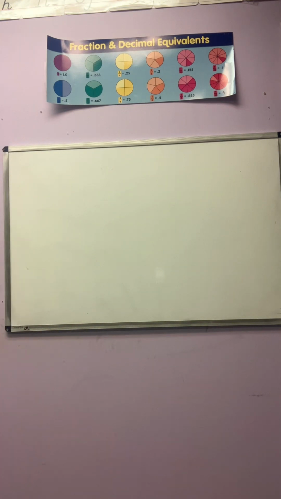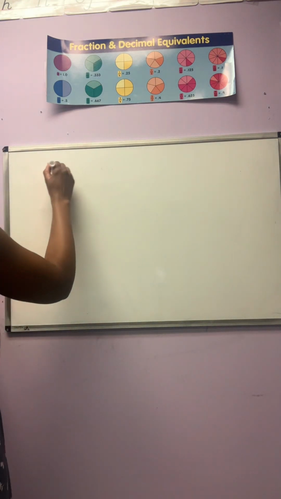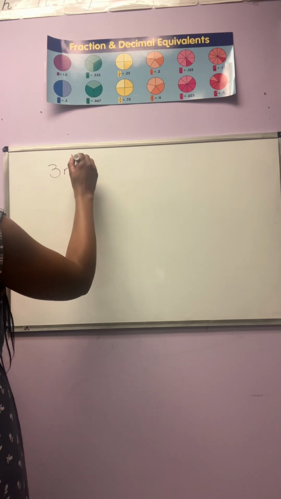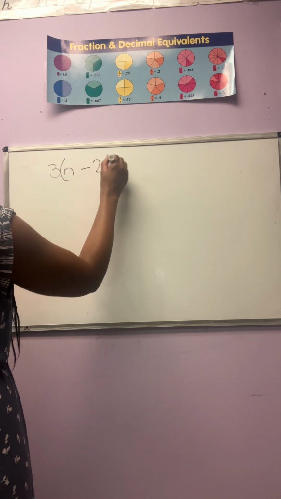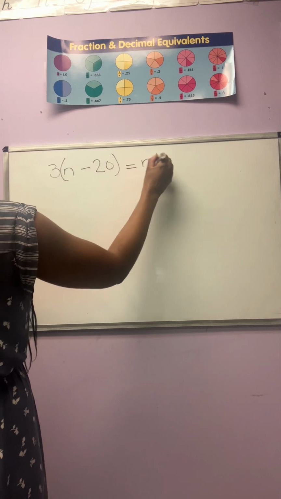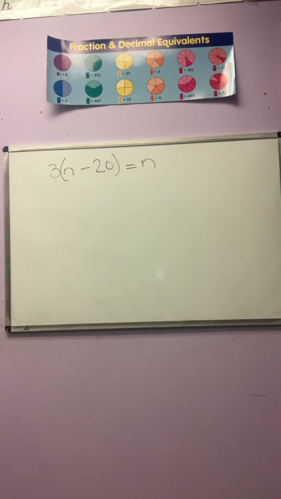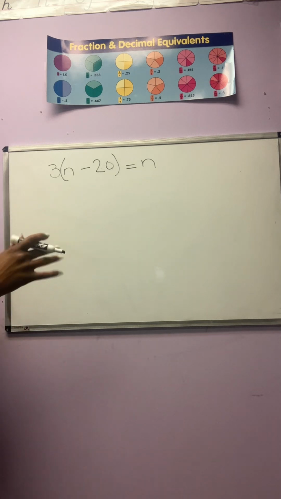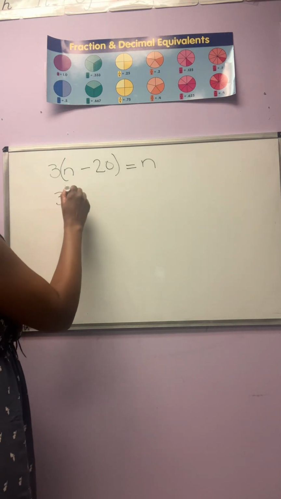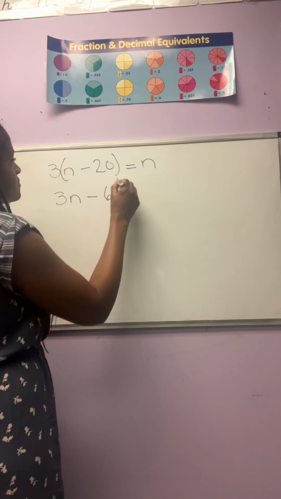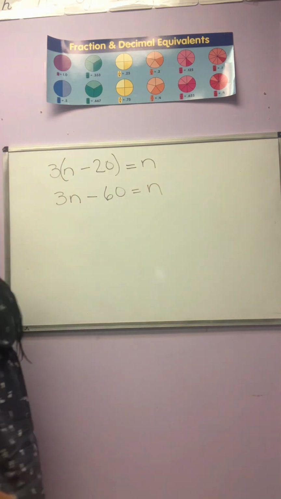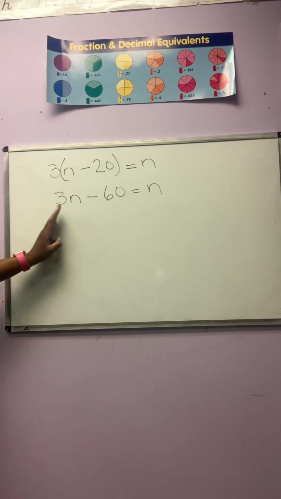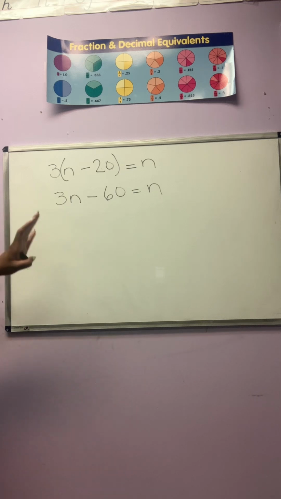So this one is not a word problem. It is just written here. So it should be very simple. You can pause the video and try it on your own. But we are solving for n here. So step 1 is to distribute. Step 2 is to get your variables and numbers on separate sides.